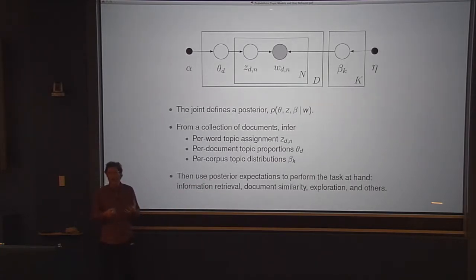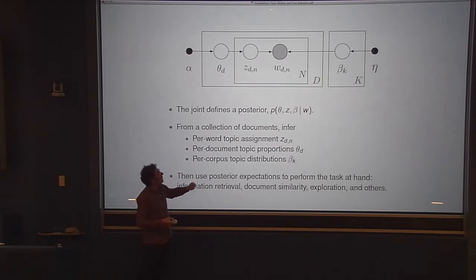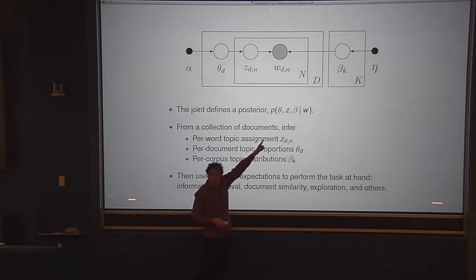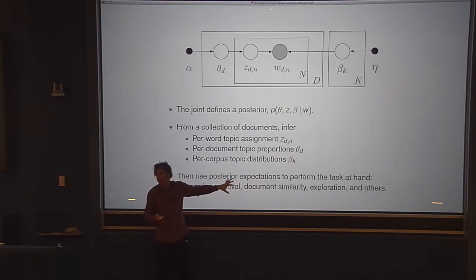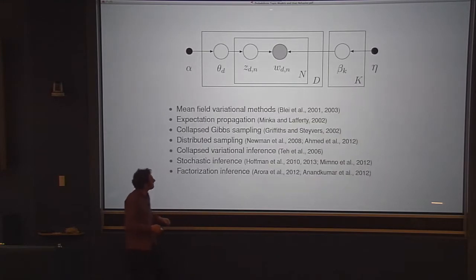This is how, in the beginning of the talk, I gave you this three-step process: discover the topics, annotate the documents, and then use those annotations. This is how that plays out statistically, where discovering the topics amounts to estimating this conditional distribution. What is the hidden structure that most likely generated my data? And then filling in all of those amounts to performing posterior expectations and then using them as though a person told you that this is about topic 5 and topic 9.